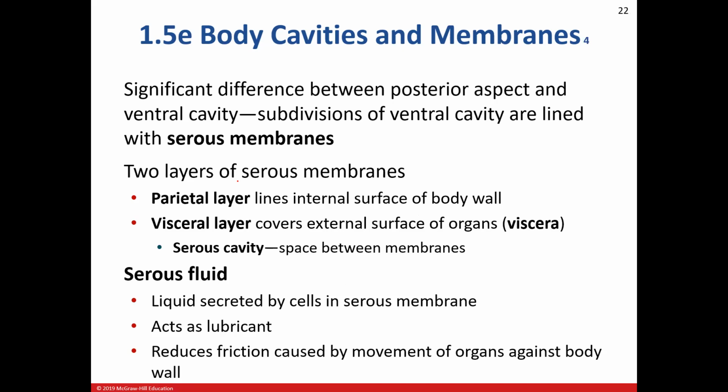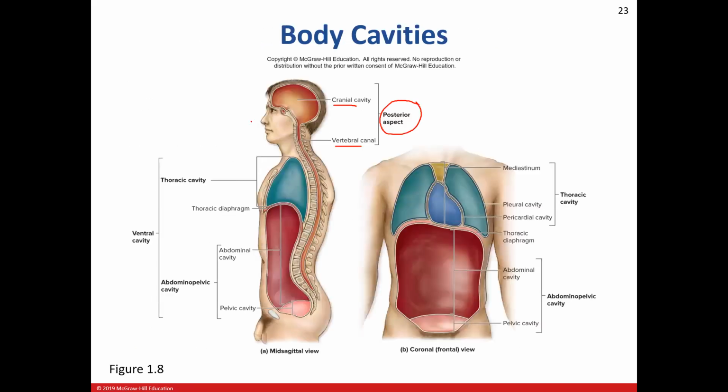All right, let me show you quickly on a picture here. So here's the ventral cavity, and you can see we've subdivided it into the thoracic cavity, which is colored blue, right? And then you have the abdominal pelvic cavity, which is, I don't know, red and pink or whatever. Okay. We further subdivide the abdominal pelvic cavity into the abdominal cavity and the pelvic cavity.